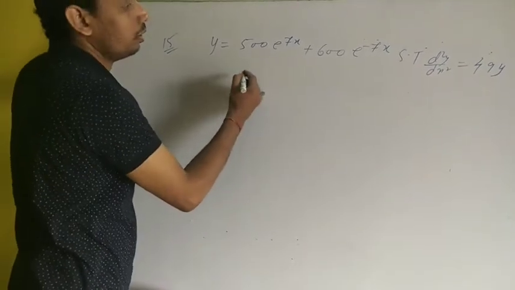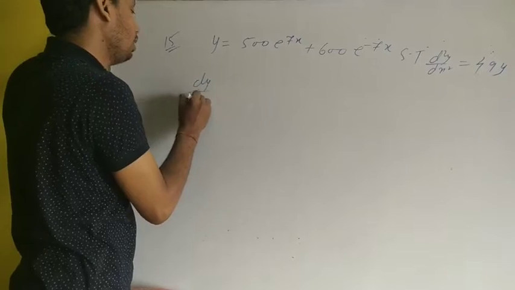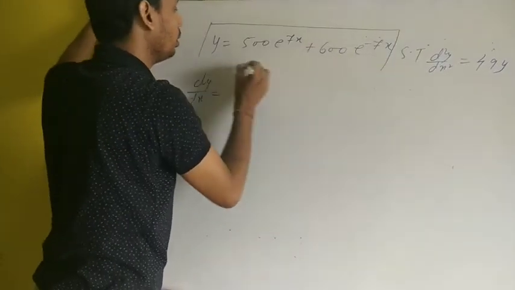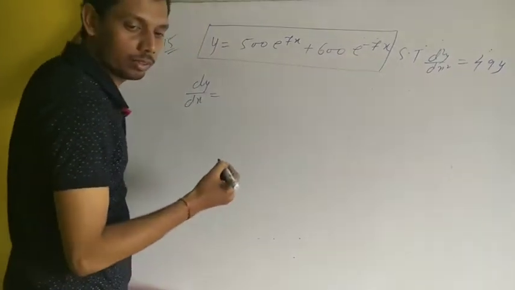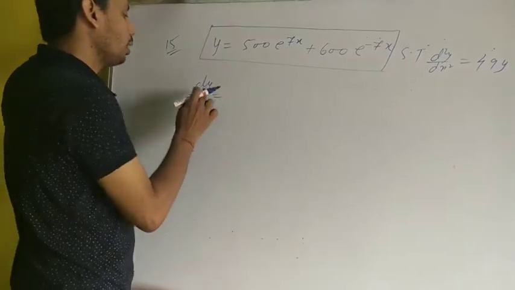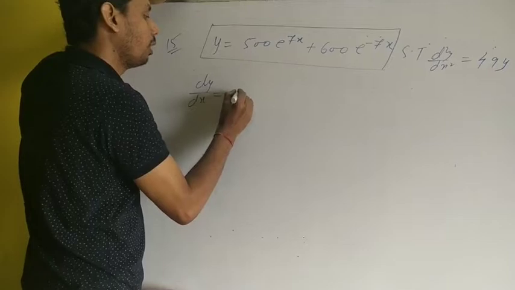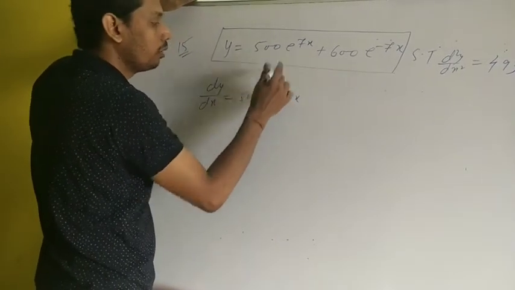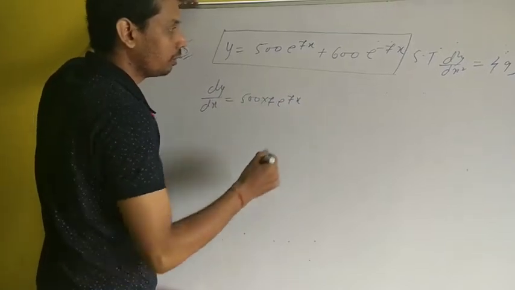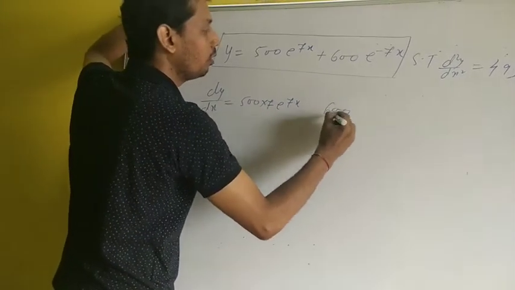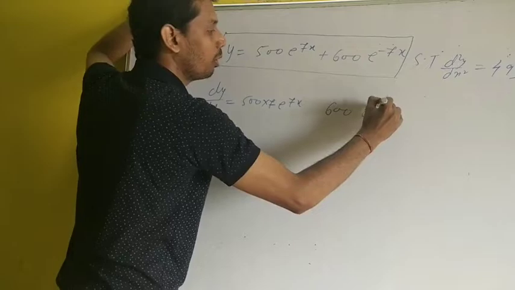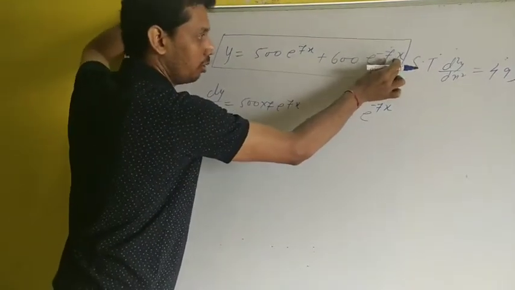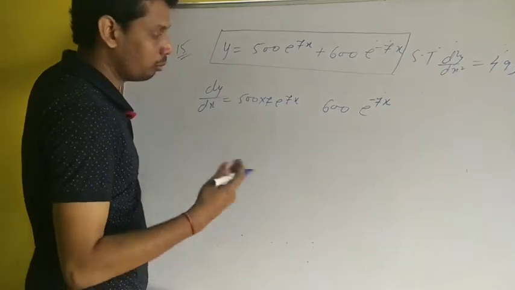Here, if we differentiate y with respect to x, we will get dy by dx equals 500 is the constant, e to the power 7x, differentiation of 7x will be 7. Here 600 is constant, differentiation of e to the power minus 7x is e to the power minus 7x, and differentiation of minus 7x will be minus 7.